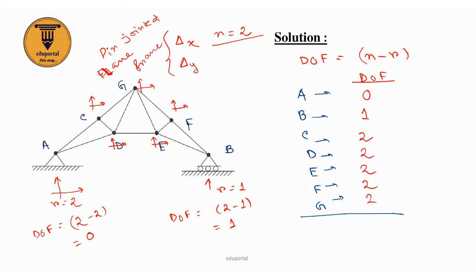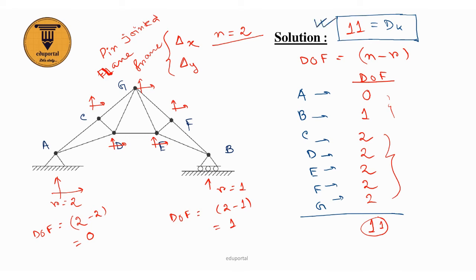So here 5 twos and 1, so it is 11. So here the solution is 11. Okay, so total kinematic indeterminacy, that is Dk, kinematic indeterminacy or total degrees of freedom, is equal to summation of degrees of freedom, that is equal to 11. So this is the solution by concept.